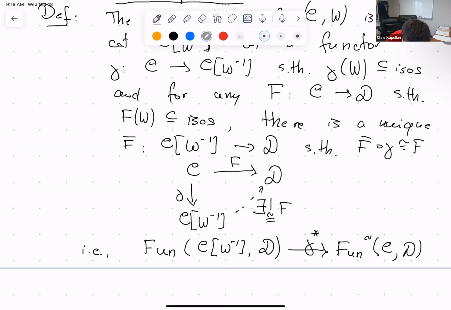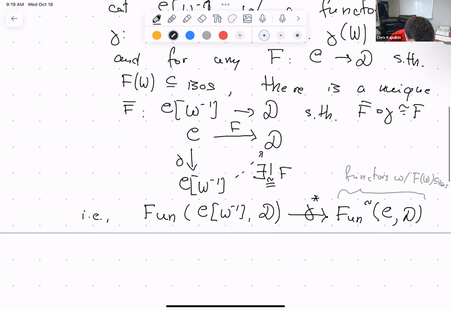These are functors with f of W being contained in isos, and I require that this thing B is an equivalence of categories.